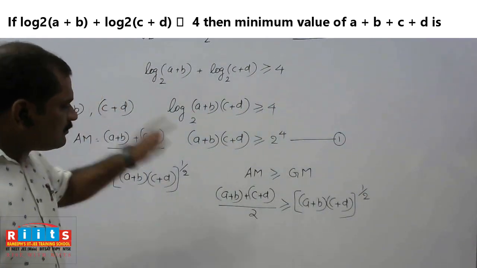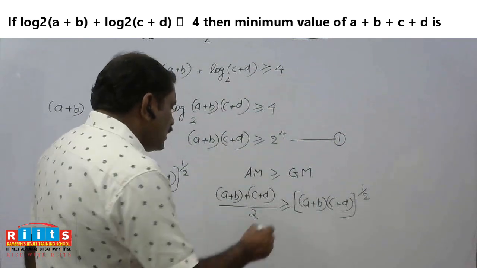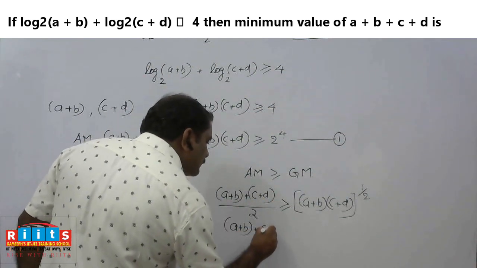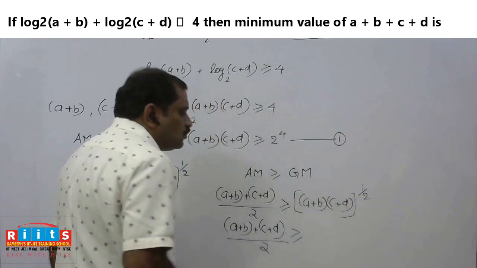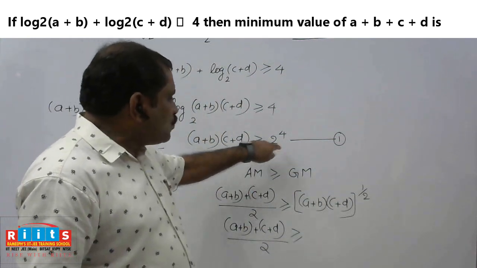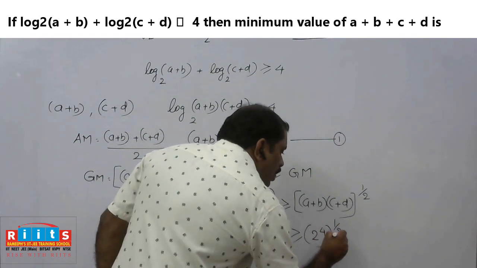What is the minimum value of (a plus b) into (c plus d)? That is 2 raised to 4. Applying that, (a plus b plus c plus d) divided by 2 is greater than or equal to (2 raised to 4) the whole raised to 1 by 2.